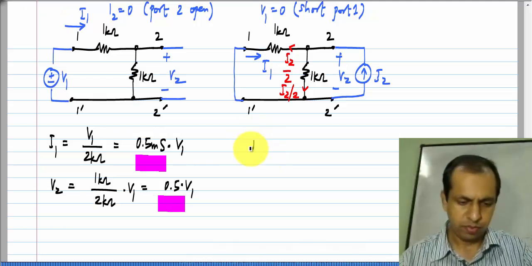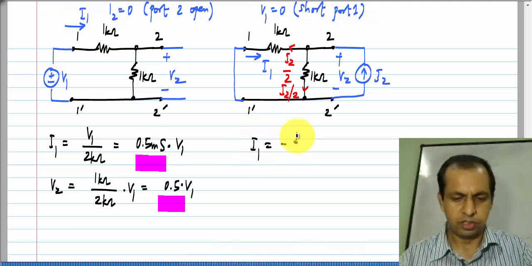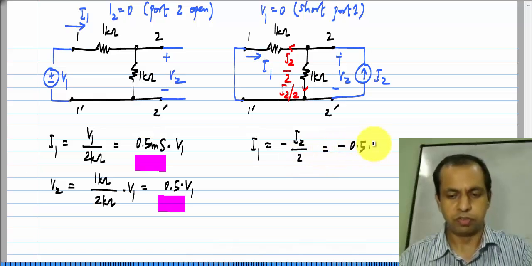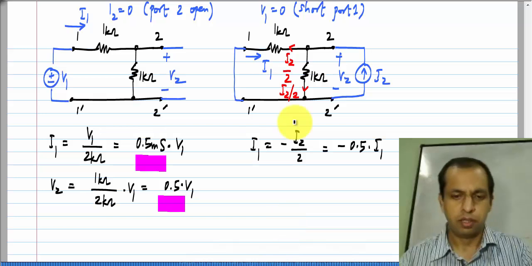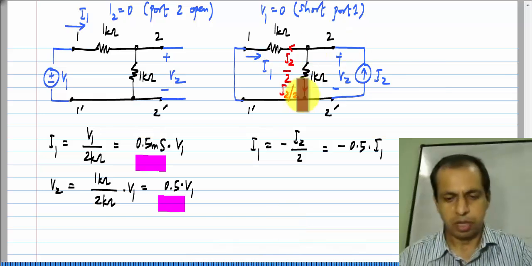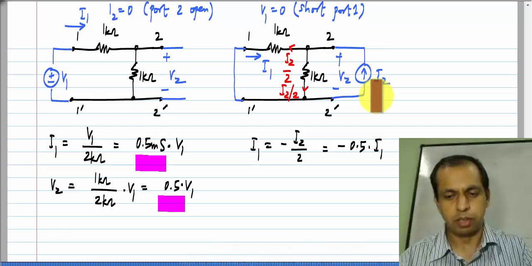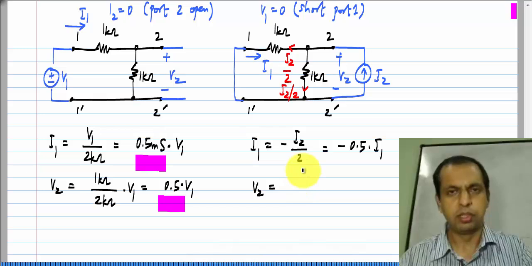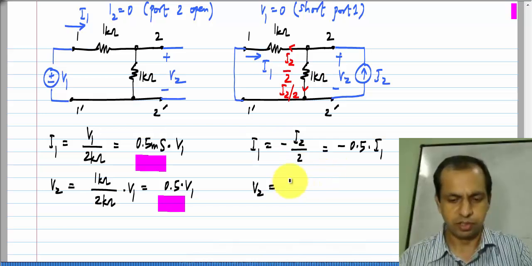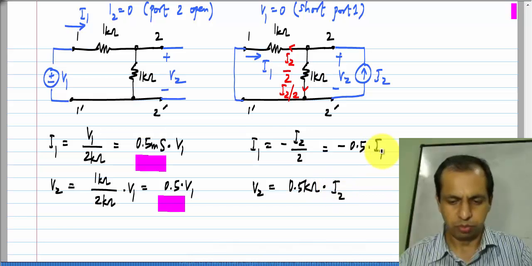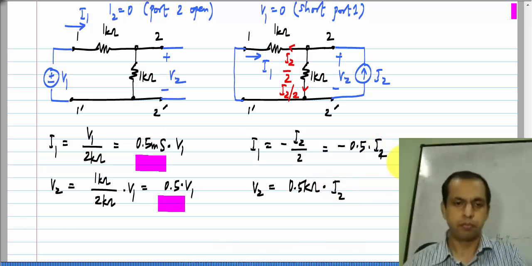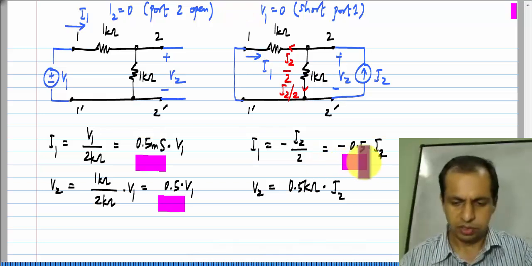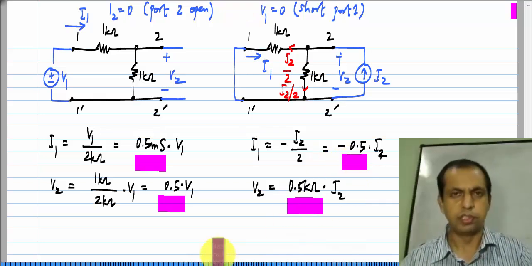So, I1 is minus I2 by 2 or minus 0.5 times I2, and finally, the parallel combination of these two 1 kilo ohm resistors appears across I2. So, V2 is the parallel combination of two 1 kilo ohm resistors, which is half kilo ohm times I2. Okay. So, this is G12 and this is G22.